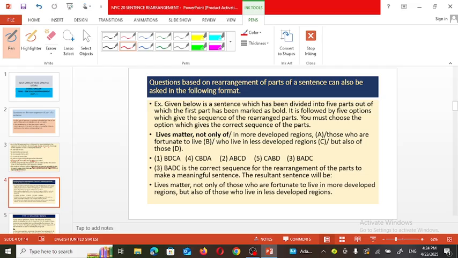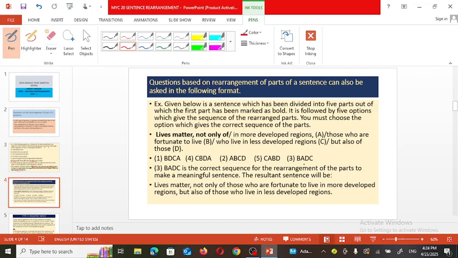Now we need to compare it, but also of those. So with whom are we going to compare them, but also of those who live in the less developed area.